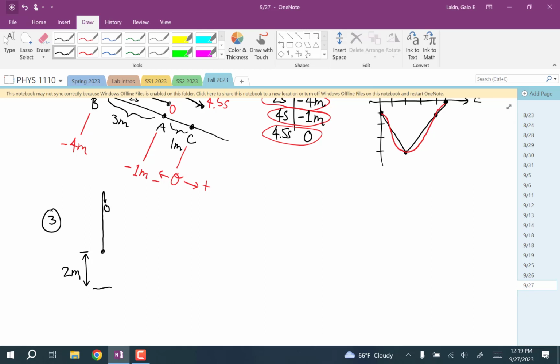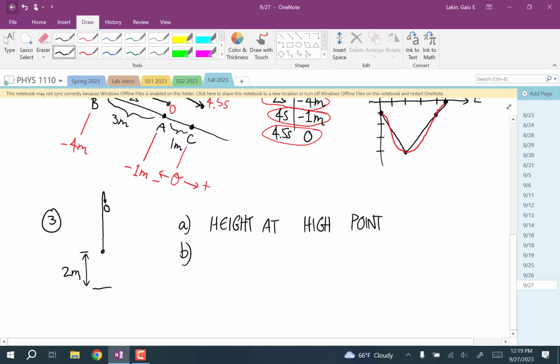And we want to calculate the height of the object at its highest point. And we want to calculate its velocity just before it hits the ground.